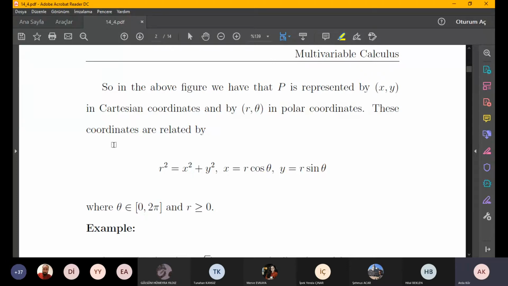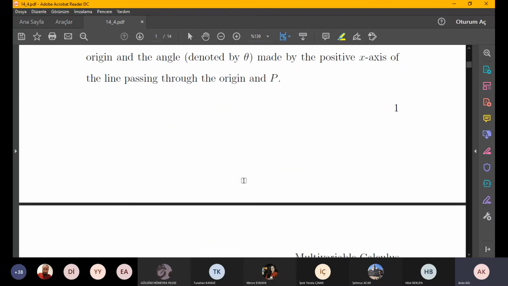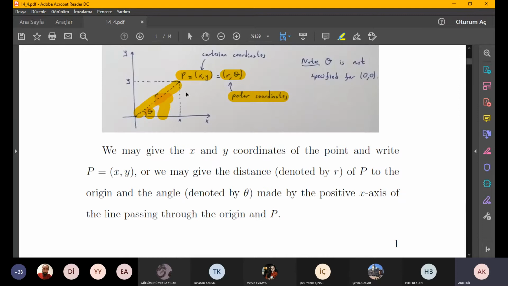These coordinates are related by these equations. As you can see in the figure, the x coordinate of the point P in Cartesian coordinates is r times cosine theta, and the y coordinate of P is r times sine theta.